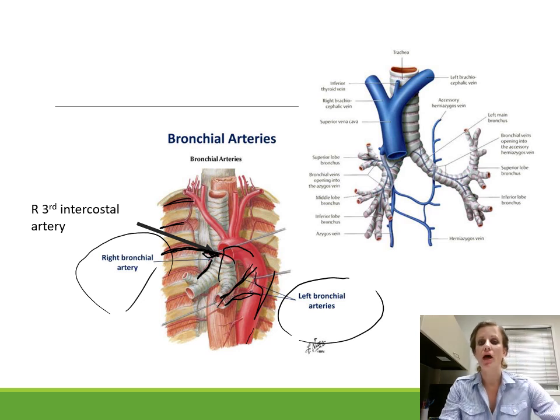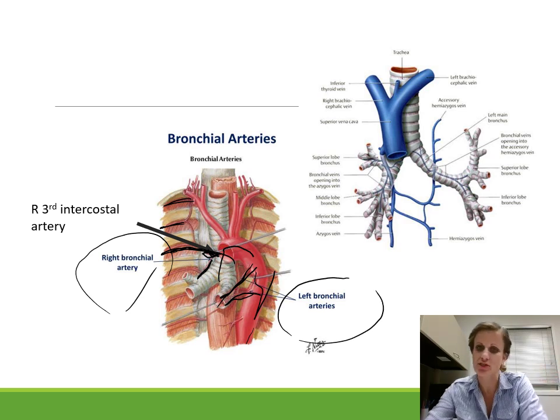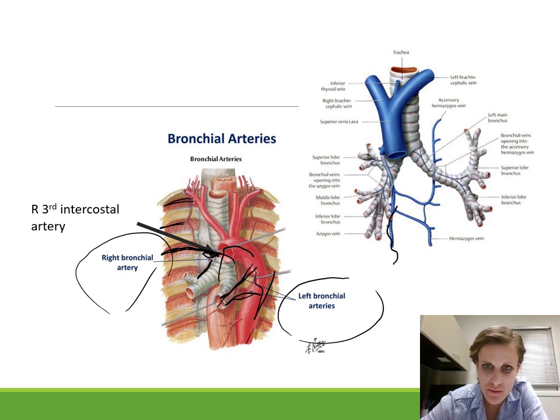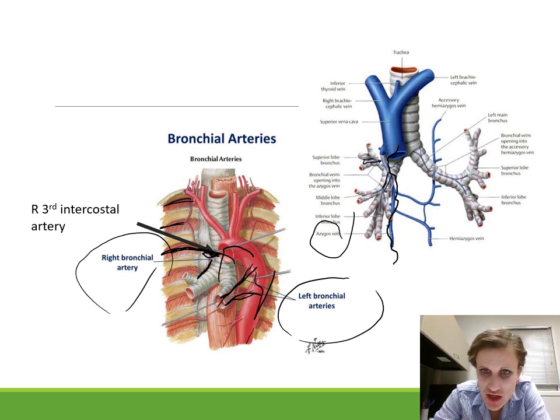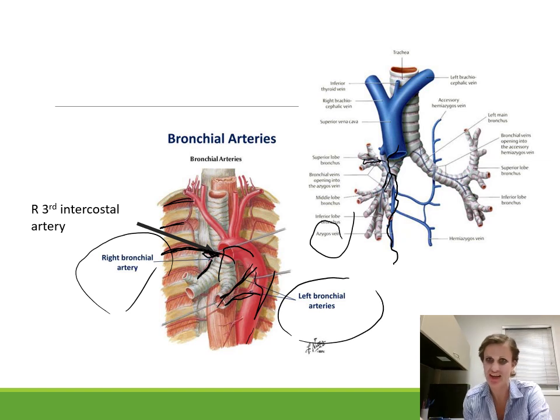Over here we see the main large veins that are involved in drainage from these accessory structures. So the azygous vein is this larger vein that's coming up right here. Okay, that's the azygous vein. So you can see in here the bronchial veins draining into the azygous vein. The accessory hemiazygous is up here.